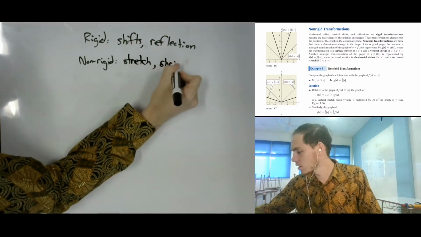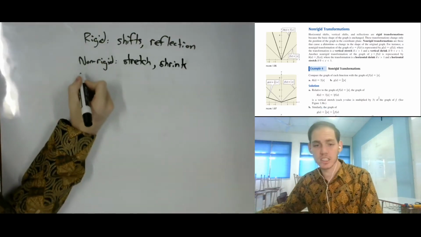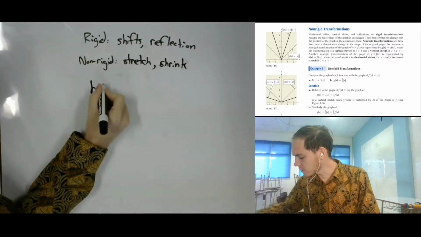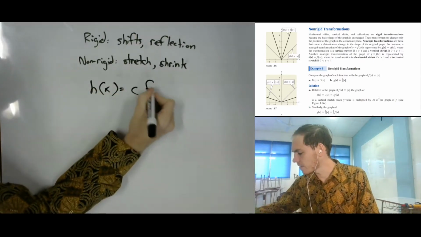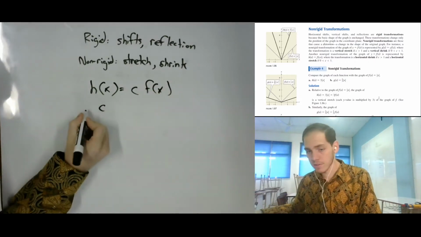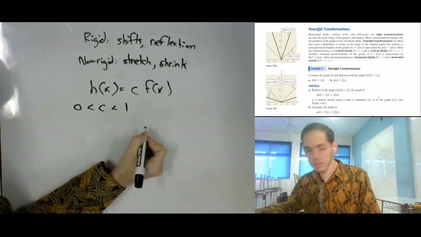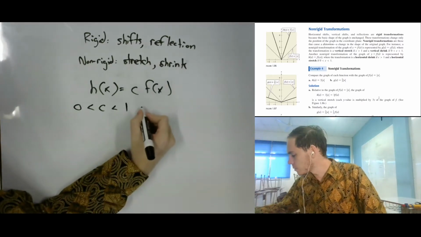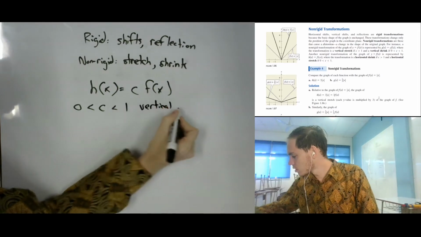Okay? So thinking about that, what we would have is stretches. So if we have h of x equals c of f of x, okay? If c is between 0 and 1, so it's a fraction, people, it's a fraction, this would be a vertical shrink.